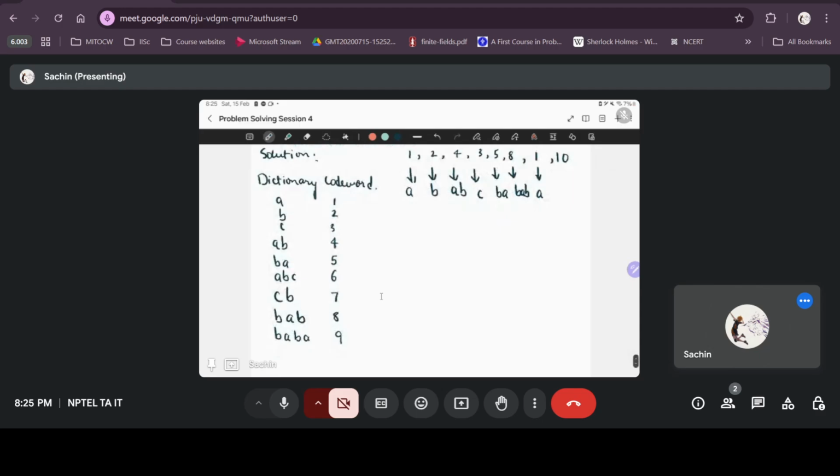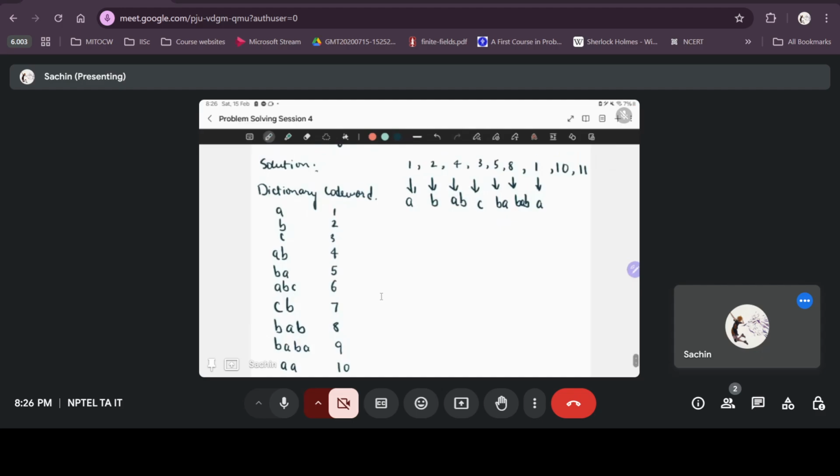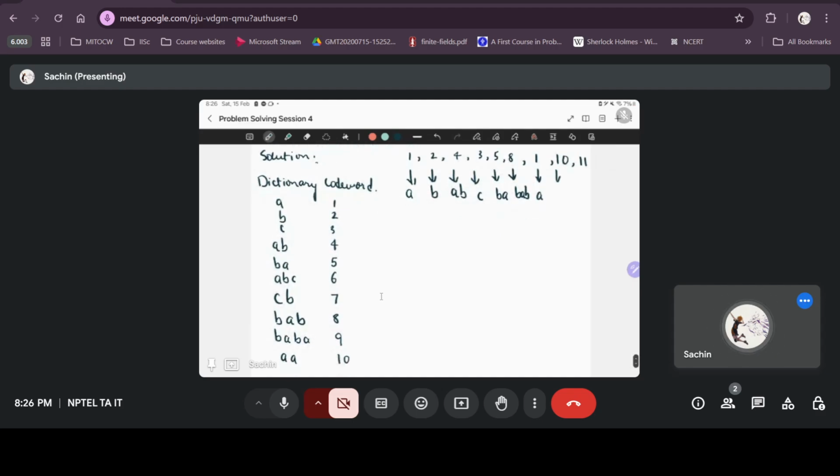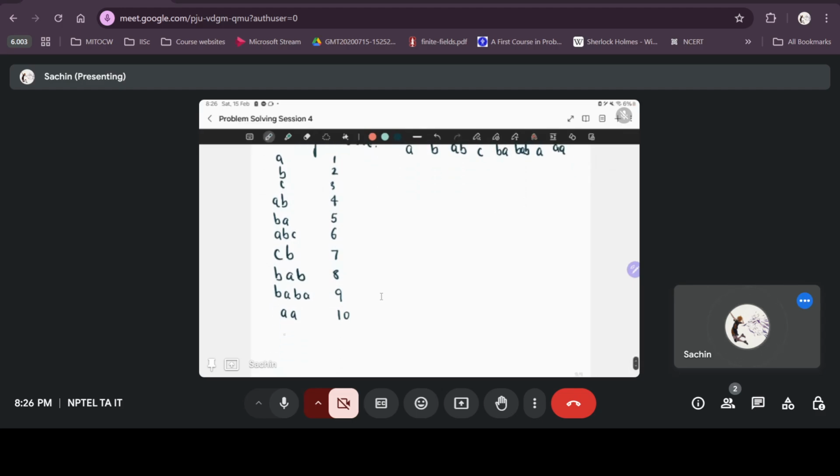Received 10. So AA is the 10th code word. Why is that? That's because the first letter of the 10th code word is the innovation symbol for the previous phrase, which is 1, which is A. So the 10th code word is A followed by the first symbol of the 10th code word, which is A. Kind of a self-referential thing. Then 11 was transmitted. Again, it's A.